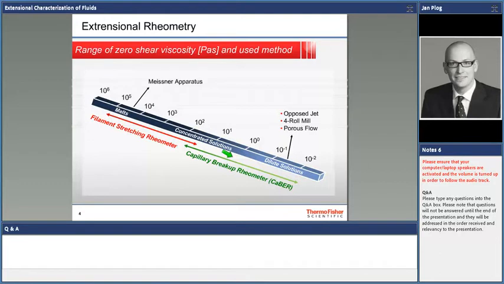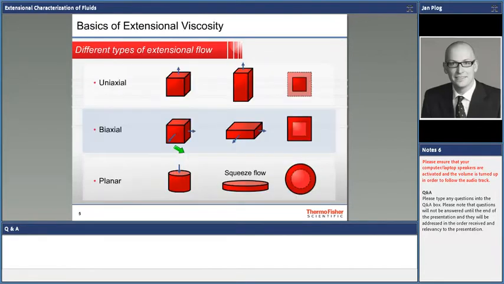And the system was then commercialized by a spin-off company from the MIT called CPG, the Cambridge Polymer Group. And that is where we stepped in because they just didn't have the means of really commercializing it correctly. So this is why we found an agreement and we took that over from them. Okay, so the presentation today will be revolving around the CaBER, as I said already, capillary breakup rheometry.